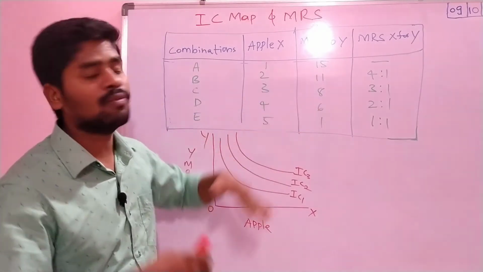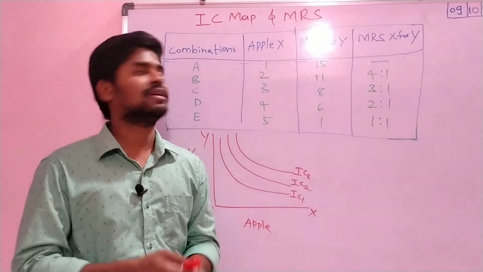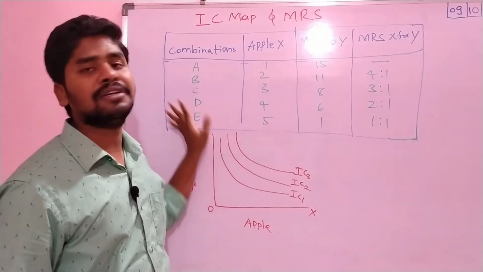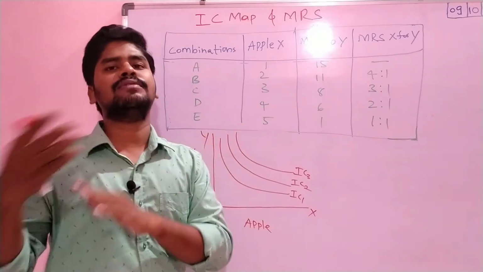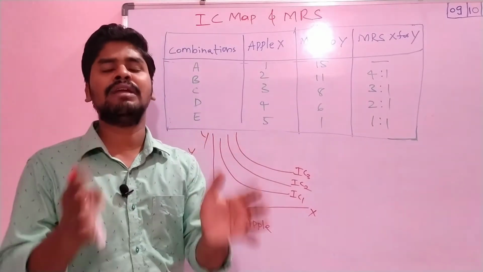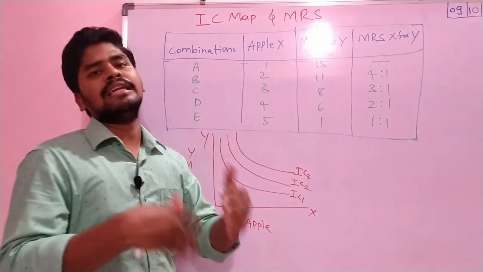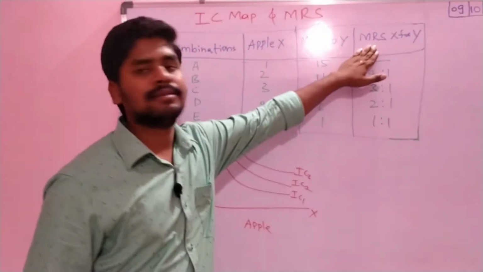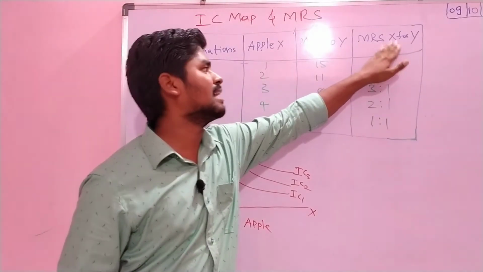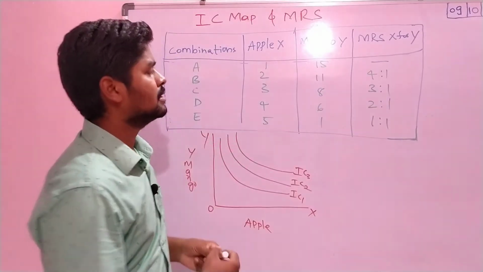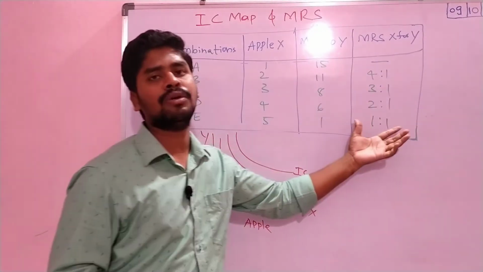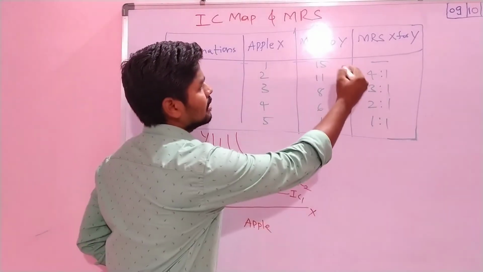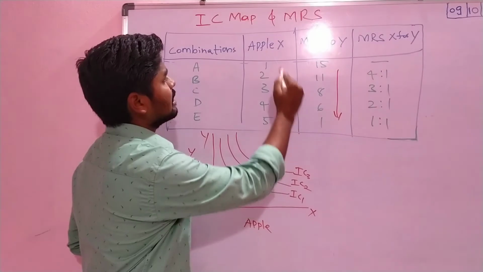Whatever we forgo to get 1 unit of commodity X, the apple, is how the different combinations of the indifference curve give the same level of satisfaction. Here Y is diminishing and X is increasing.